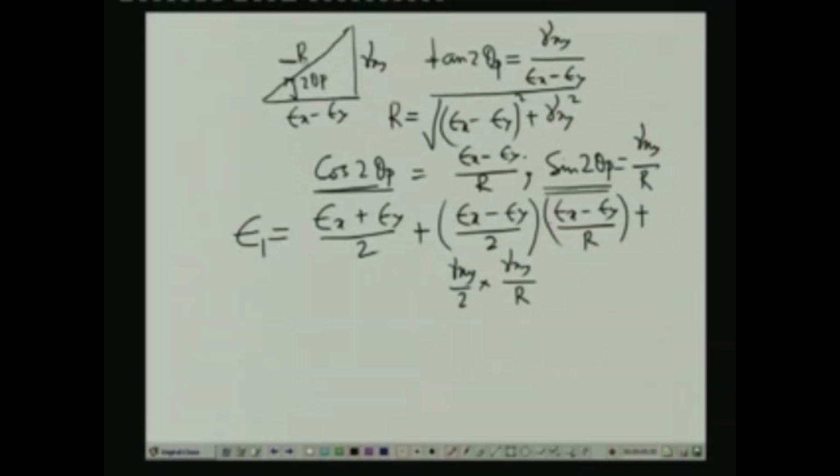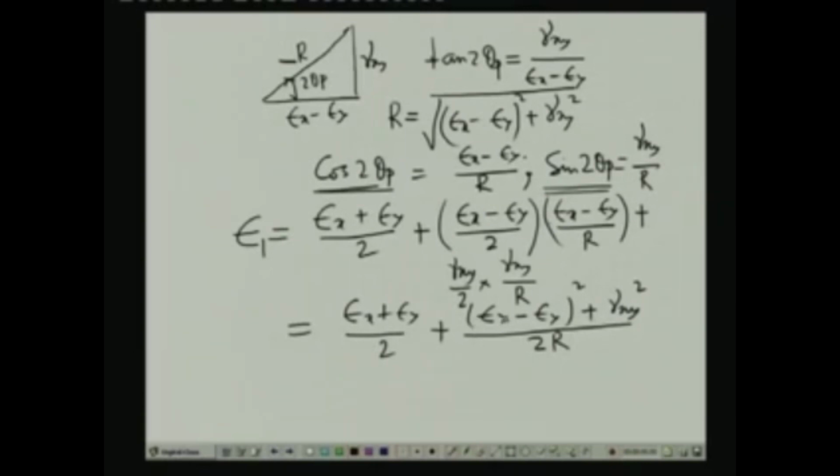Hence this is equal to (εx + εy)/2 plus [(εx − εy)² + γxy²] divided by twice r, and the numerator (εx − εy)² + γxy² is nothing but r². So this r² gets cancelled, and it becomes r/2.